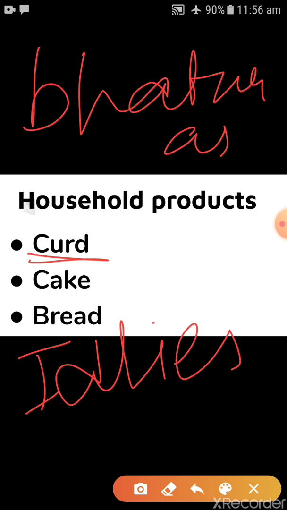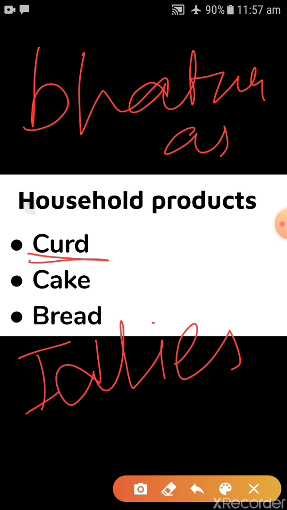Because bacteria and yeast are helpful for fermentation of rice, idli and dosa batter. When we make the batter for rice, idli and dosa, we need fermentation. For fermentation, microorganisms should act on that batter.